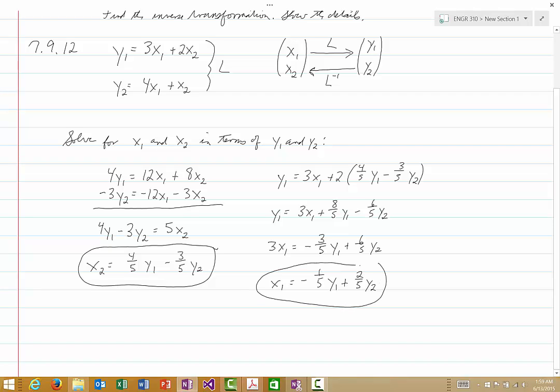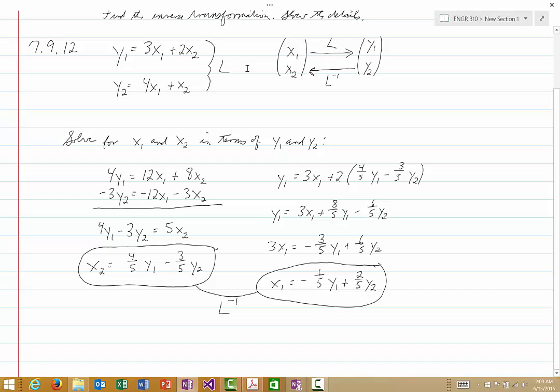And that is an equation for x1 in terms of y1 and y2. And these two circled equations here for x1 and x2, they describe the inverse transformation L inverse. And that's how we would find the inverse of the original transformation L.